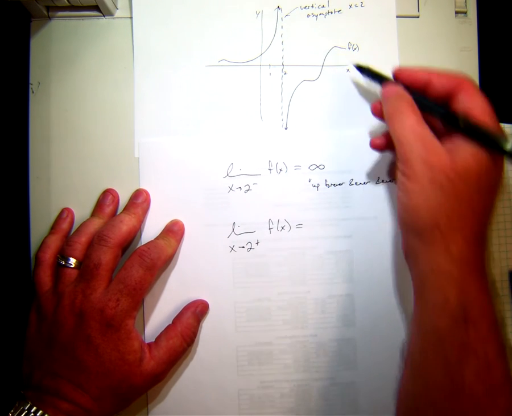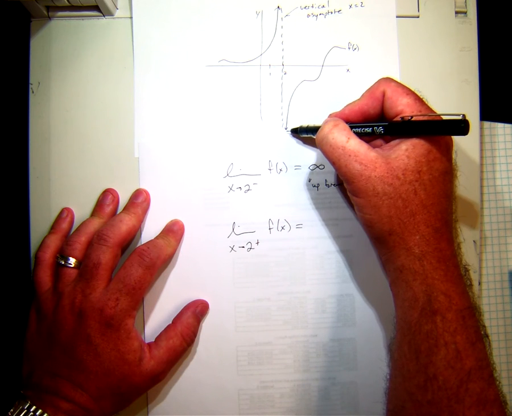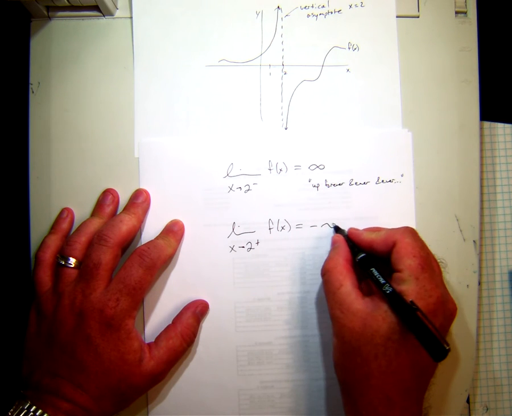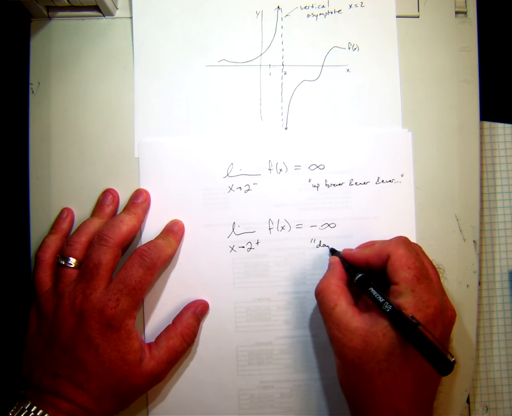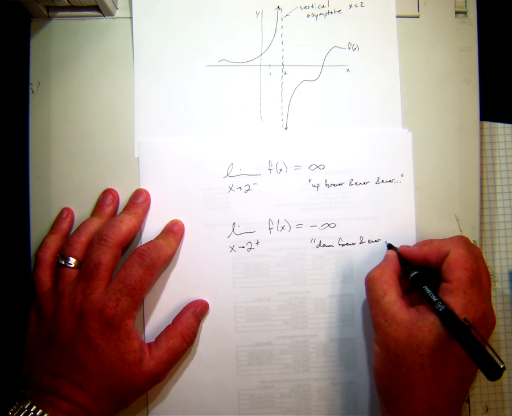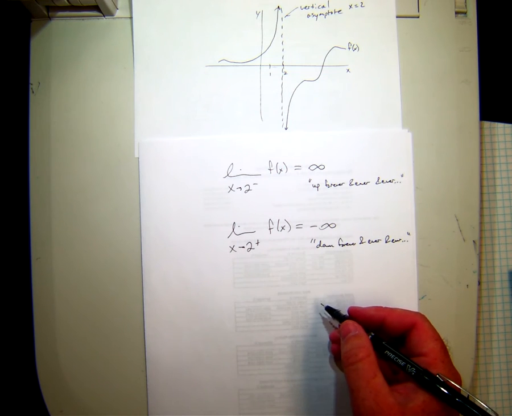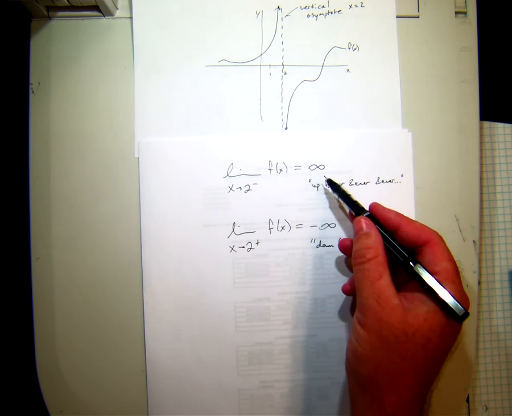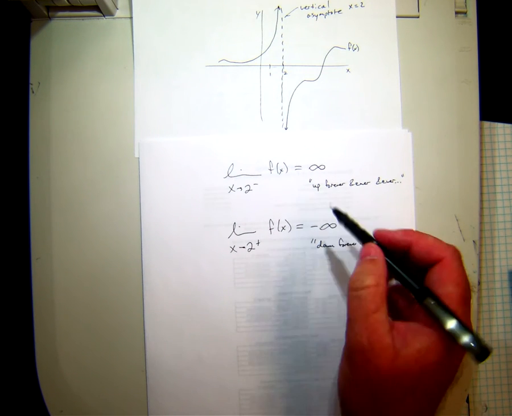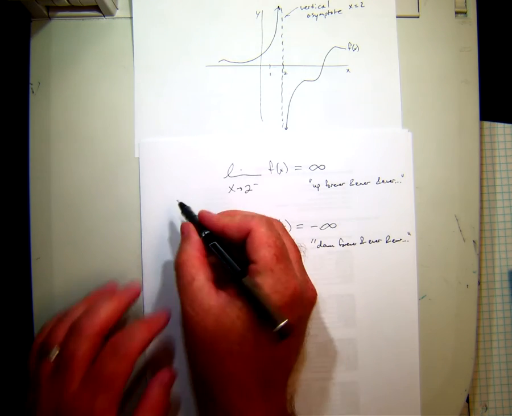The limit as x approaches 2 from the right, that'd be 2.1, 2.01, 2.001, and so on. We're going to call that negative infinity. That means down forever and ever. So don't get too perplexed by the symbol called infinity. If you're talking about the y direction, infinity means up forever.